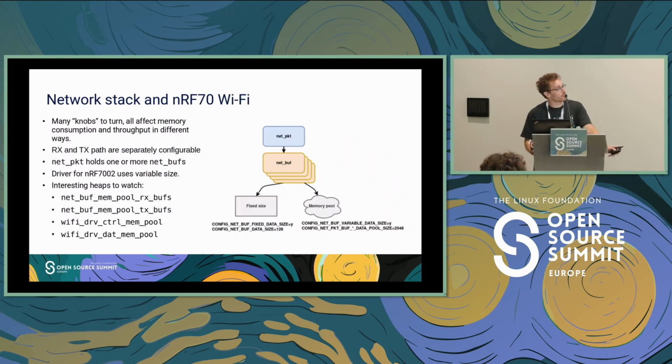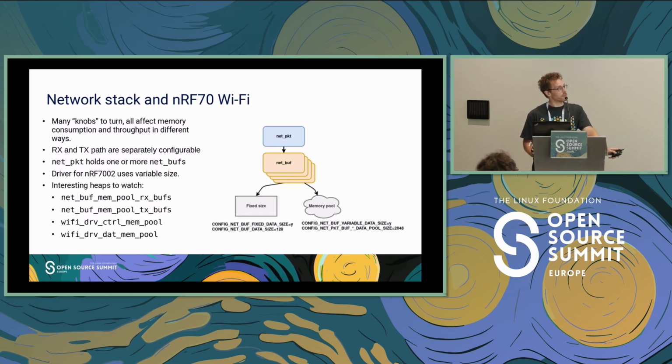So, network stack. This is a very complicated topic, and I will not say that I completely understand everything about it. There are a lot of knobs to turn, so to say, and it's a constant battle between how many packets you want to have, what kind of throughput you want, and what kind of memory consumption you want.